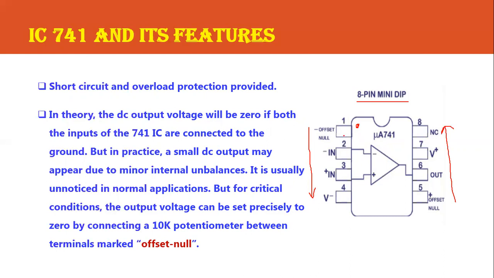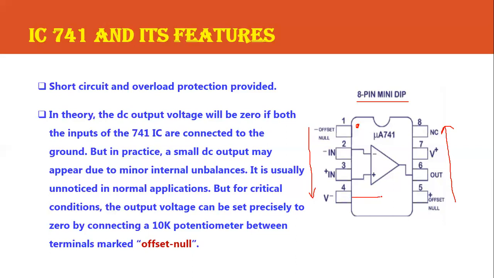We will discuss again what the pins are used for. First pin is offset null, second pin is the inverting input, or negative input terminal of an op-amp. Third one is the non-inverting input or positive input of this op-amp. Fourth pin is minus V, which represents the negative power supply.